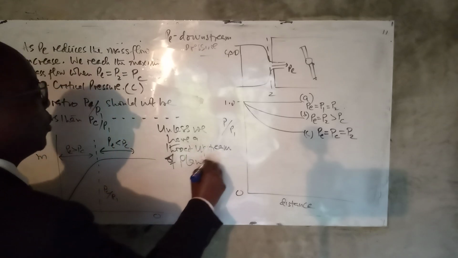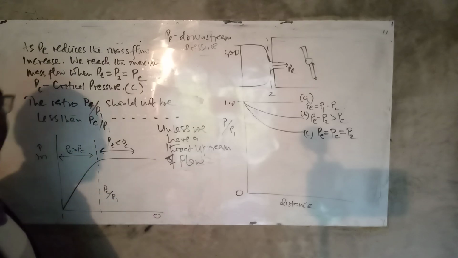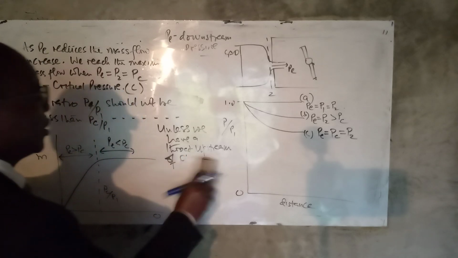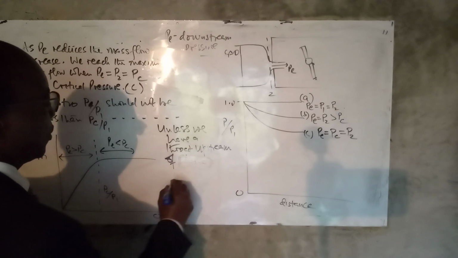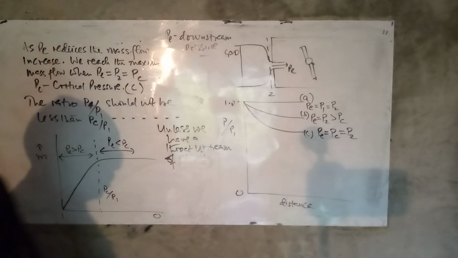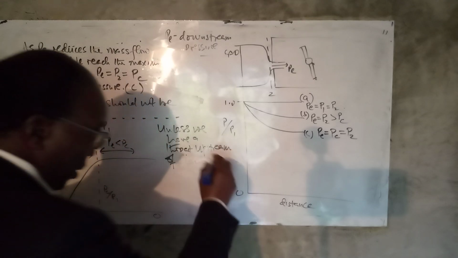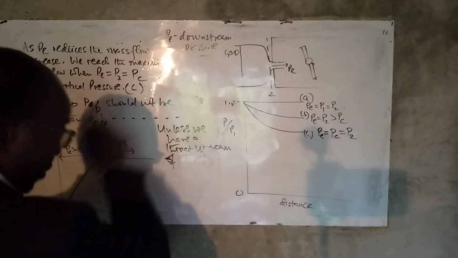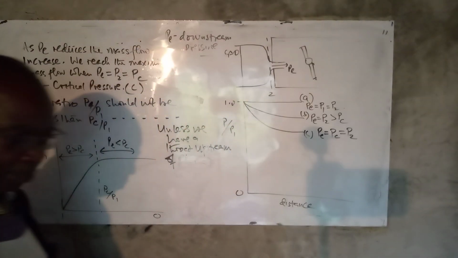And remember, plane 2 corresponds to the plane at the nozzle exit. So we have our C there, at that particular point.